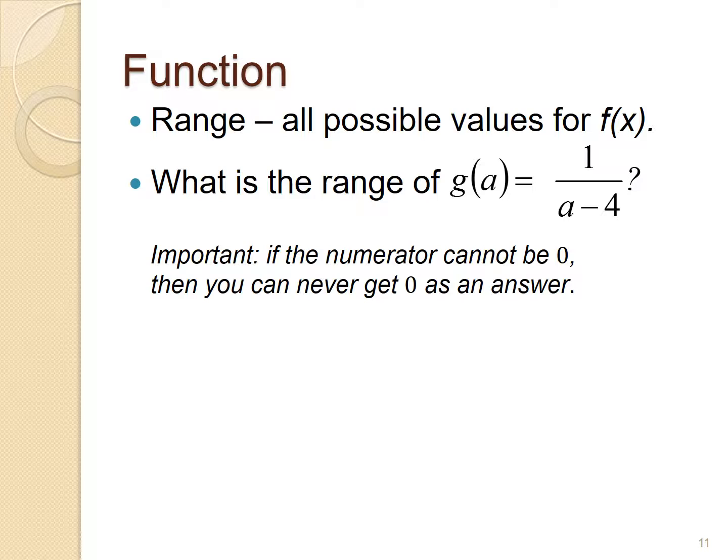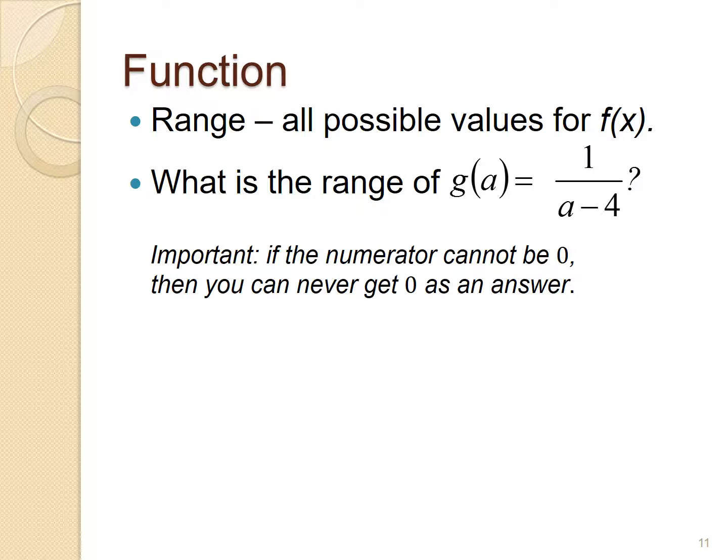If a was 10, 1 over 10 minus 4 is 6, so 1 over 6 is 1/6. If a was 100, 1 over 100 minus 4 is 96, so it's 1 over 96. Well, we're getting all fractions there, and they're less than 1. What if a was 1,000,004?